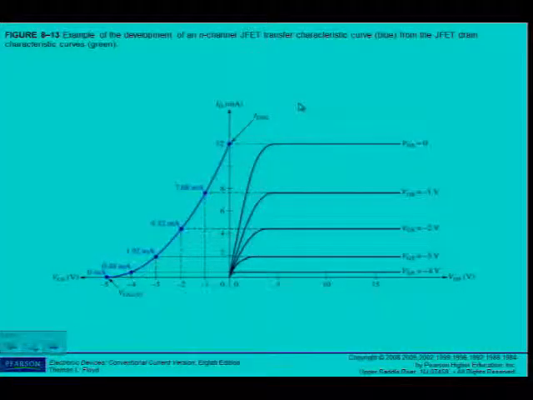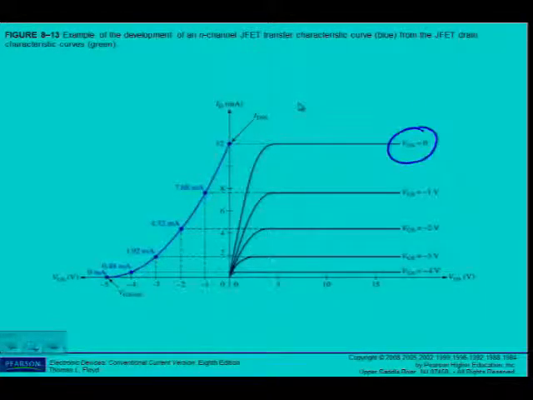Maybe it will become more clear when we look at this. We know now to draw the family of curves for the JFET. VGS is equal to 0, got the ohmic region, and we know as soon as the current starts to become constant, what is that point called?